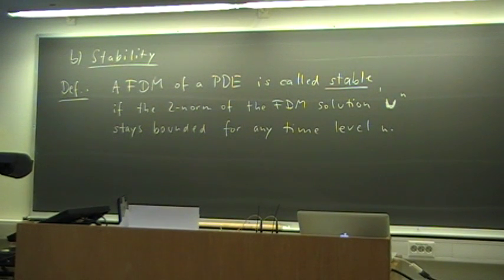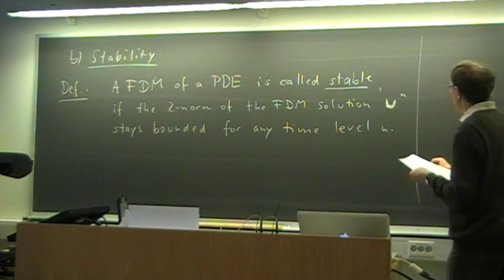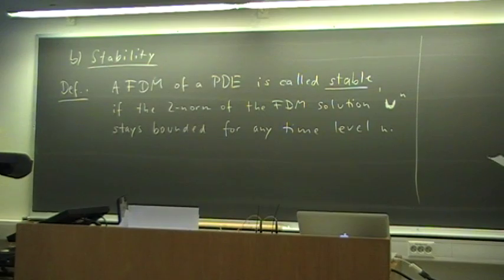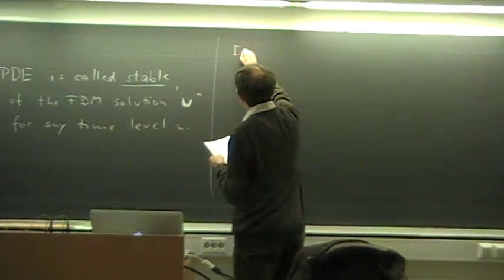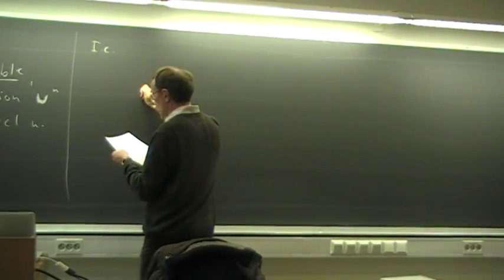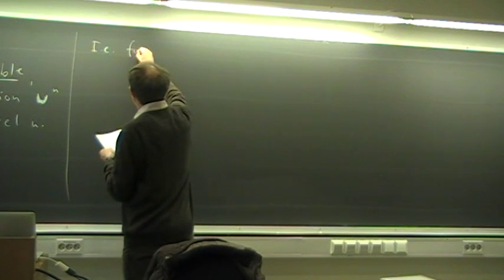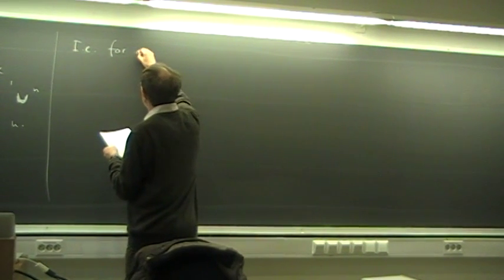So, we can express that also in a more concrete, more mathematical way. If we limit ourselves to an initial value problem, that means what stability means for an initial value problem.